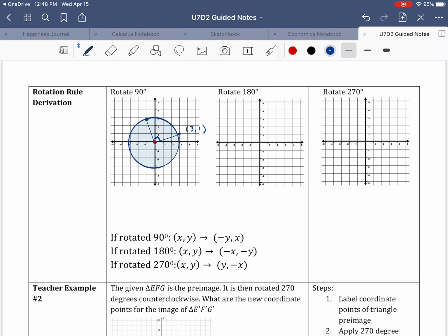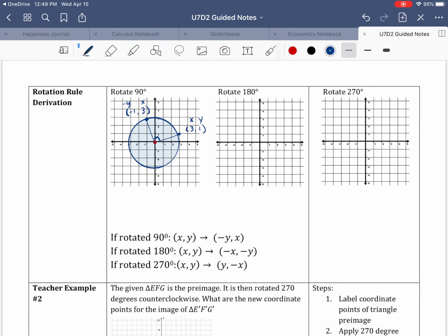What you can see is that coordinate point lands on (-1, 3). So here it is, (-1, 3). So our x and our y value now switch because y comes first, but not only do they switch, our y is negative. So it becomes -y, but our x value does not become negative.